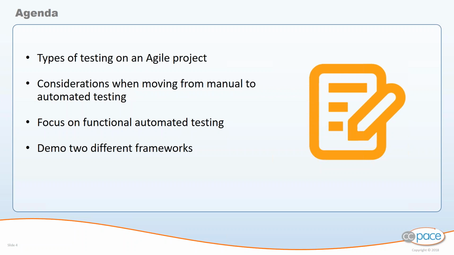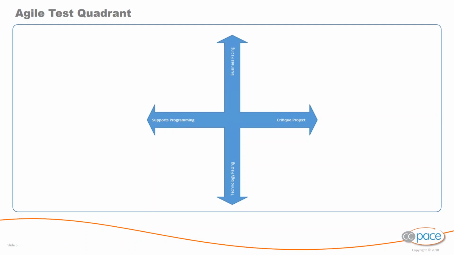So Ashok, why don't you give us an intro to the Test Quadrant? Sure, Bobby. The Agile Test Quadrant really is one way to model the various types of tests that one would need on an Agile project to ensure the delivery of a high-quality application.